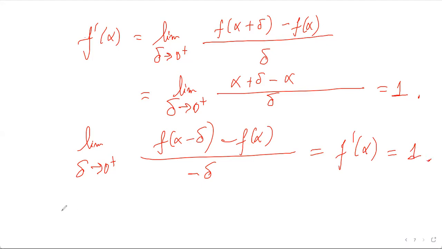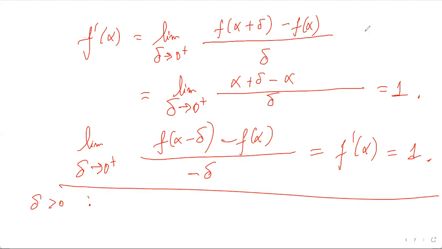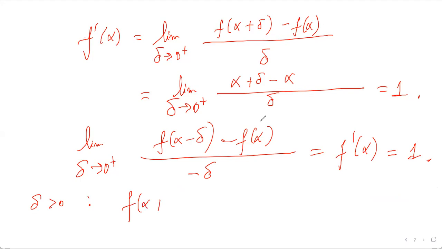Now again, for small enough delta greater than 0, however small it might be, there will be a delta such that f of alpha minus delta would be less than f of alpha, which is nothing but equal to alpha.